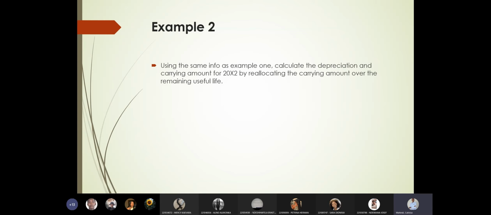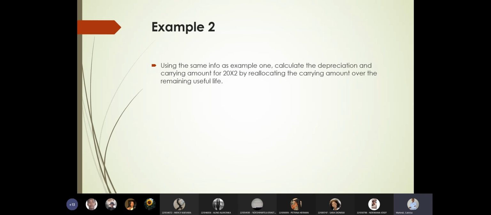It specifically mentions reallocating the carrying amount over the remaining useful life. Because you've seen those words, you should use the reallocation method. Is that clear?